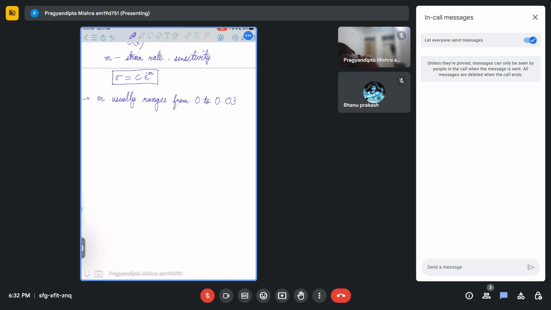That is the general range for strain rate sensitivity. So what does that imply? If your strain rate sensitivity parameter is so low, what will it imply essentially?